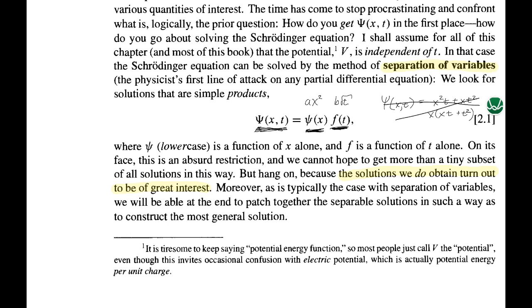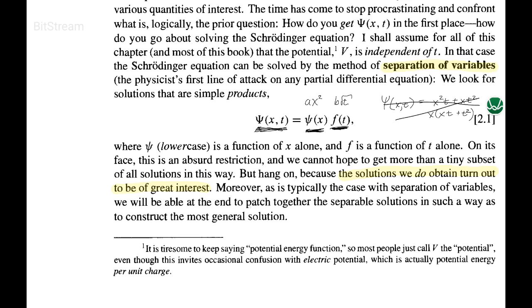And generally, kind of like how when we were looking at normalization in chapter 1, we found that we could normalize a wave function for any value of t, so we might as well set t equal to 0.